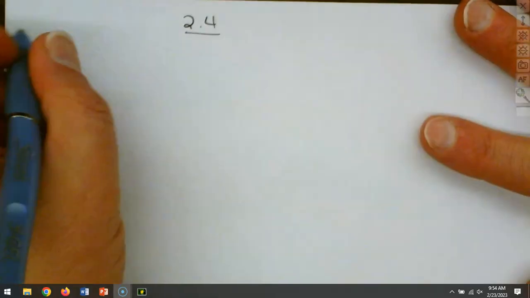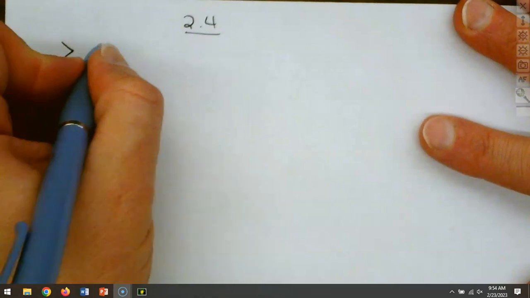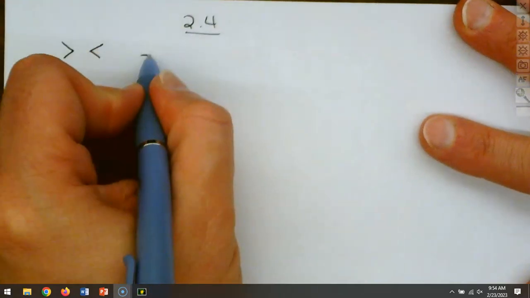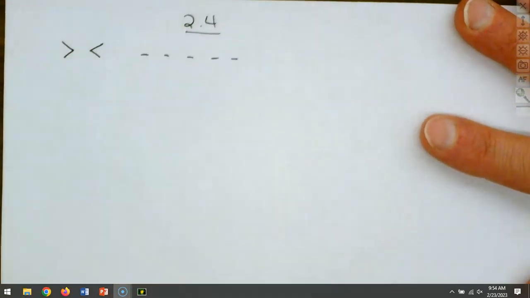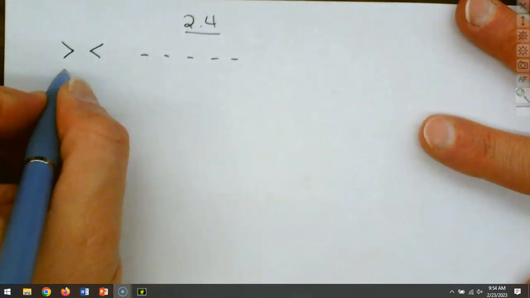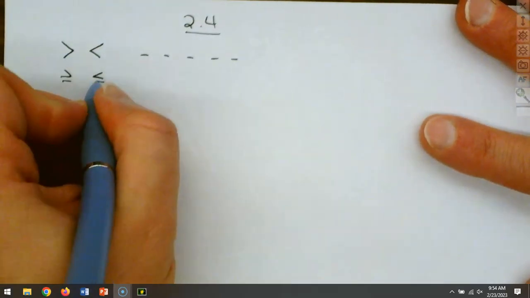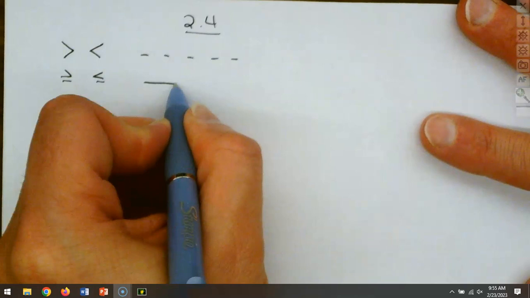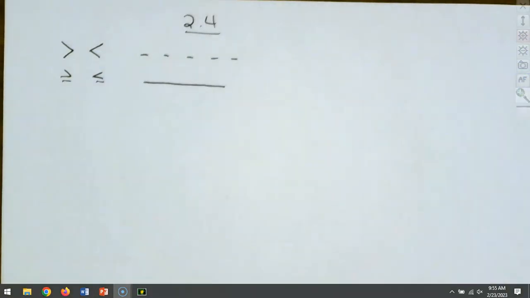This section, I think, is actually pretty easy for most students. When we go to graph these, if we have a strictly less than or strictly greater than, they're going to have a dotted line, and a greater than or equal to, less than or equal to, those are going to have a solid line.